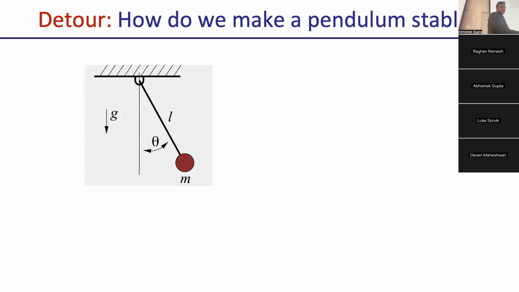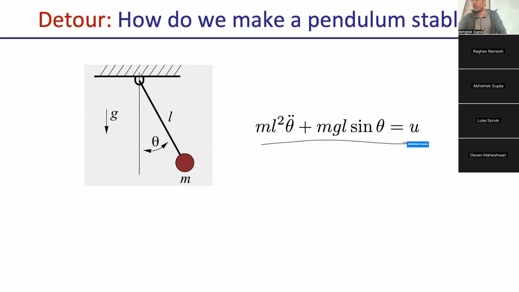Let's consider the system, a pendulum. The pendulum has a mass m, your moment arm L, gravity G going down. Your angle from the vertical is theta. By equations of motion, you can show ml squared theta double dot plus mgl sine theta is equal to u, kind of what we did earlier, yeah?